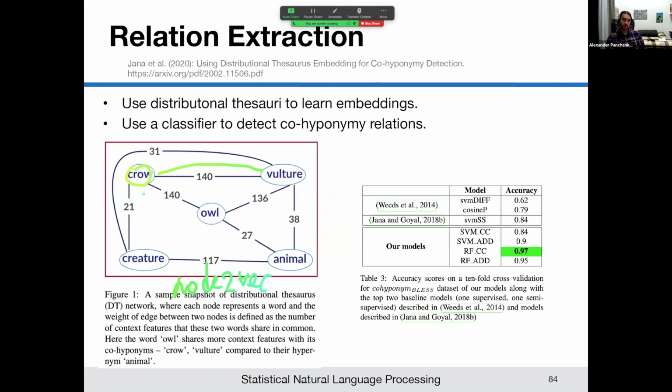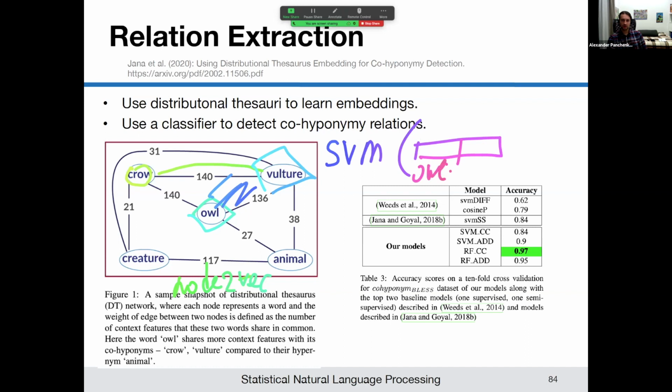The original graph would not contain any types of relations, and then they train a classifier which takes the embedding of this word and the embedding of this word as input. Maybe it will concatenate them, and then apply something like an SVM on this concatenated representation, let's say owl and vulture. And then it would output 1 if the relation between these two is co-hyponymy.